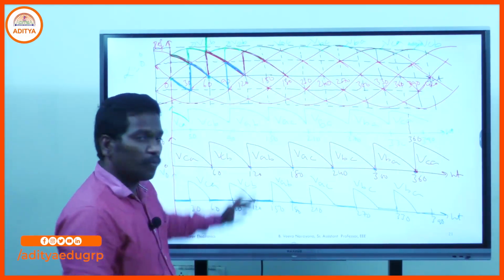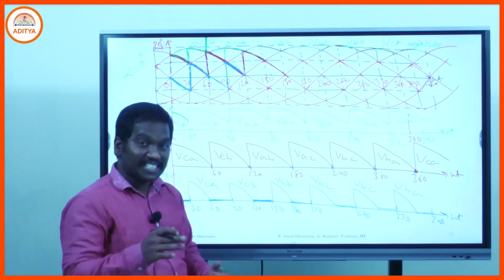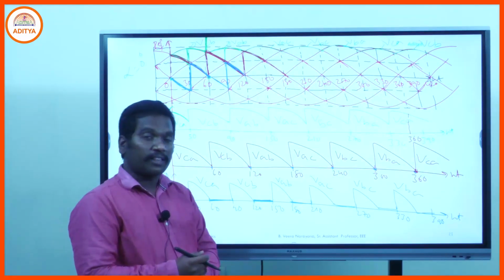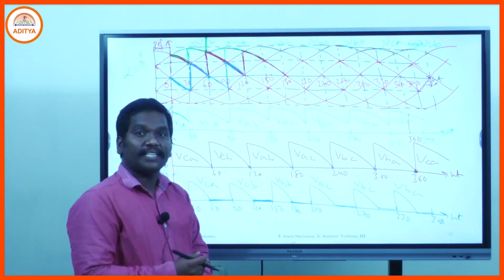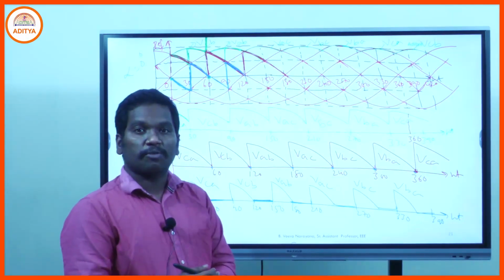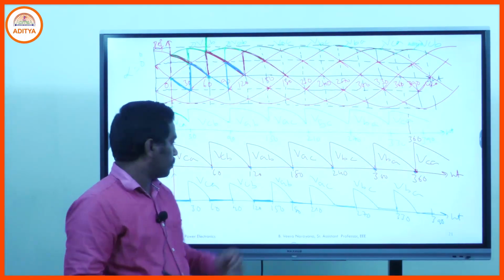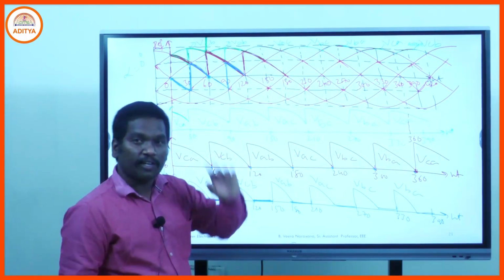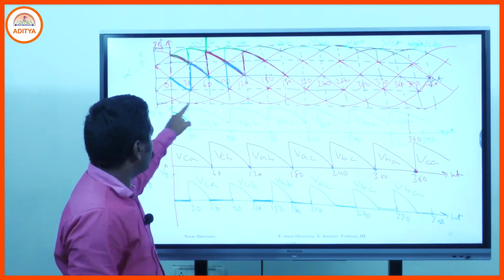From these waveforms, you conclude that if alpha is less than 60 degrees, the three-phase full-wave controlled converter with R load operates in continuous conduction mode, and for alpha greater than or equal to 60 degrees, it operates in discontinuous conduction mode. Observe here, if you choose alpha 30, you have some output voltage.